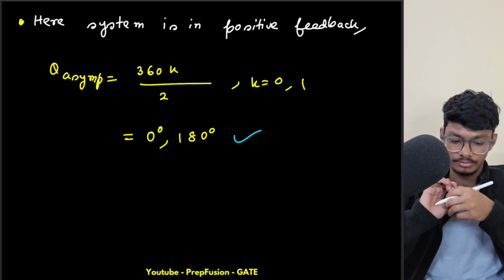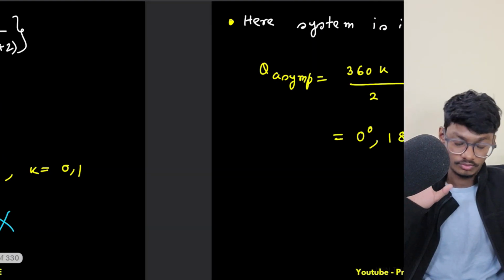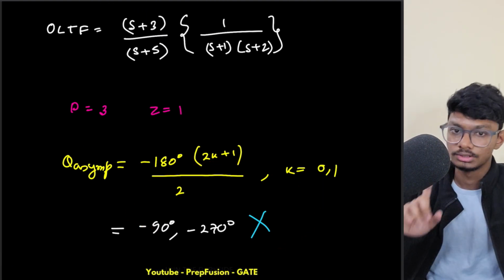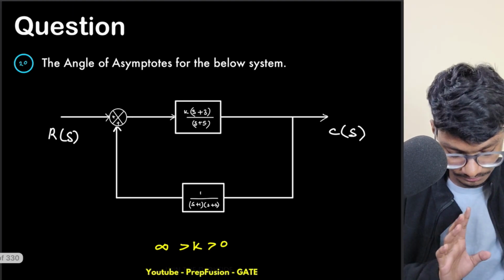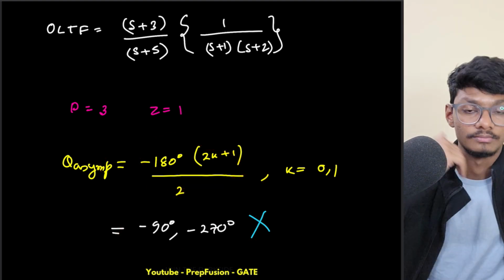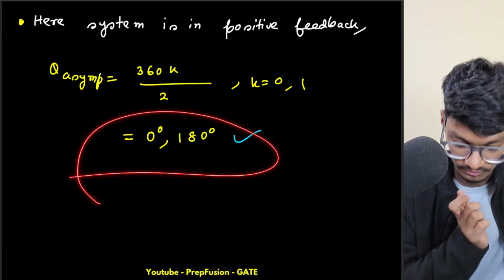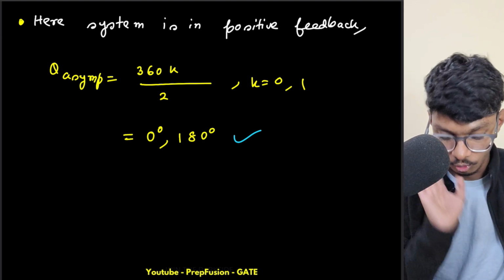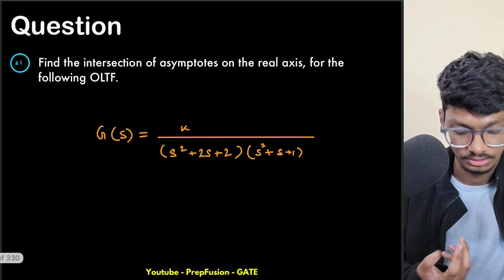In the normal root locus it was an odd multiple of 180 degrees, and in the complementary root locus it was an even multiple of 180 degrees. So this was the formula for an even multiple of 180 degrees when I have a complementary root locus. So don't be in a rush. Solve it slowly. Sometimes we also make mistakes.